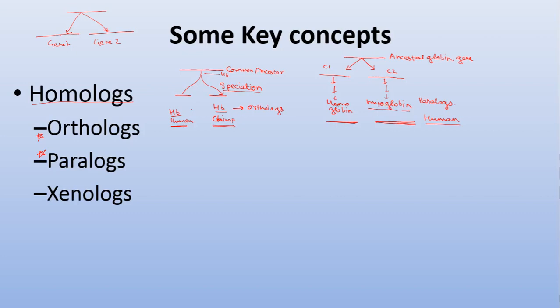Since hemoglobin and myoglobin were derived from a common ancestral gene, these are homologs of each other, and since they perform different functions but in the same species, we call them paralogs of each other. So paralogs appear due to evolutionary events like gene duplication followed by mutation.